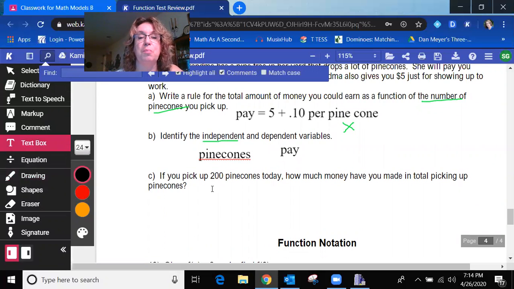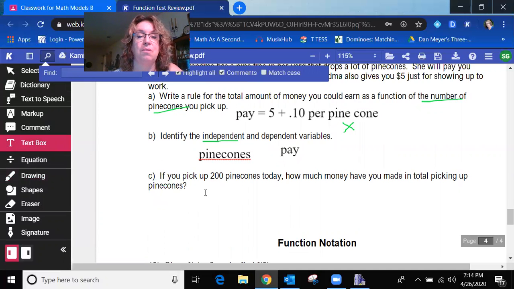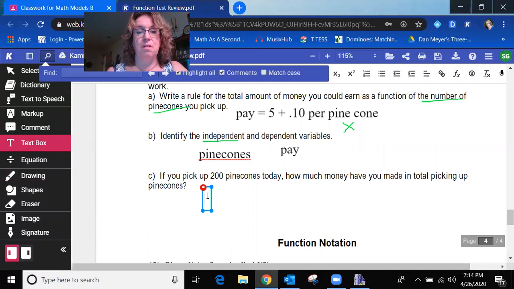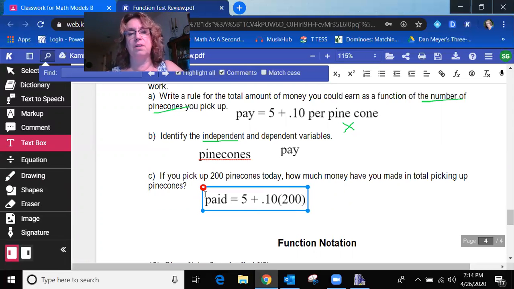If you pick 200 pine cones, how much money would you get? Well, what am I going to get paid? I'll get paid $5 plus 10 cents. And who had the patience to count 200 pine cones? Not me, but hey, if grandma wants to count out 200 pine cones, grandma can.